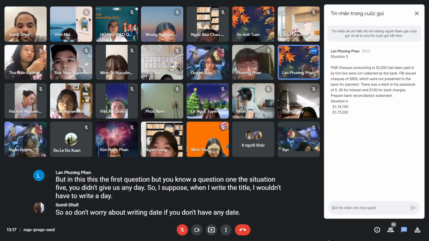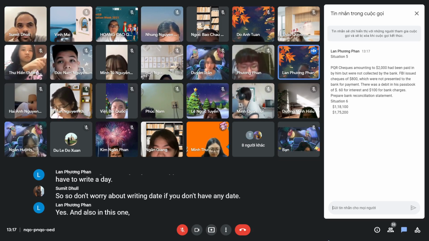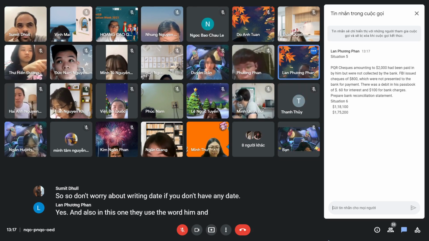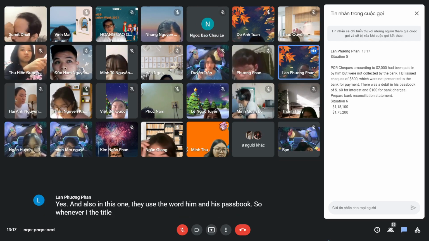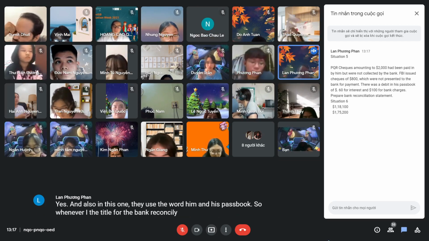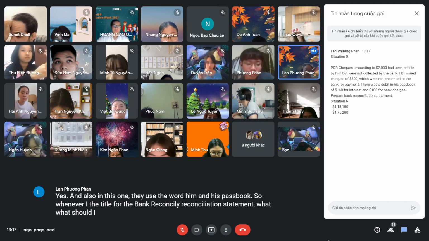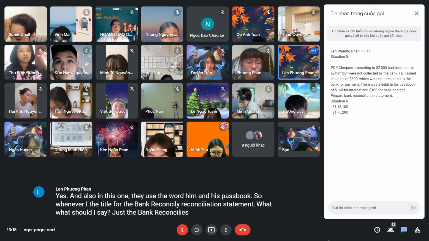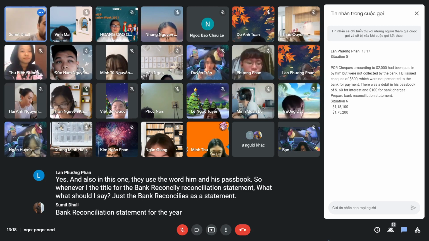Also, in this one, they use the word him and his passbook. So when I write the title for the bank reconciliation statement, what should I say? Just the bank reconciliation statement. Bank reconciliation statement for the year ended.